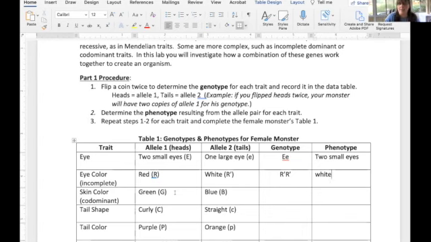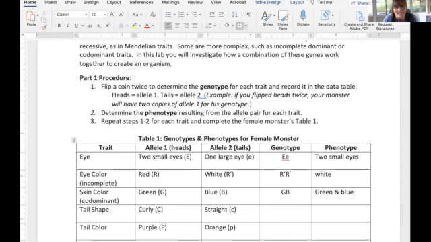Last example on this side. I'm going to flip that coin, and of course, because I keep doing heterozygous to show you examples, we're going to say heads. So that gives me a G. I flip my imaginary coin and now I have tails. So that would be B. And so this would be green and blue.